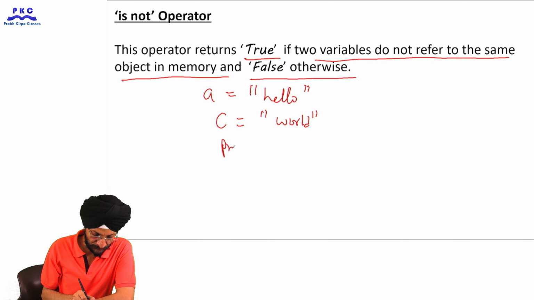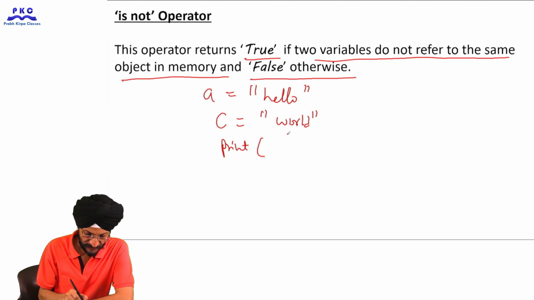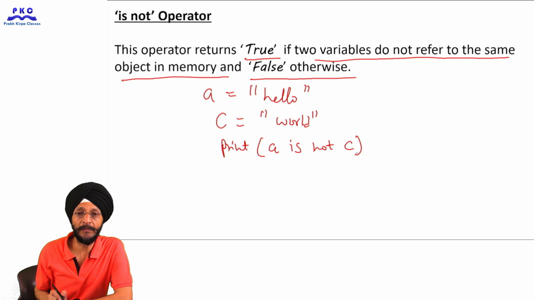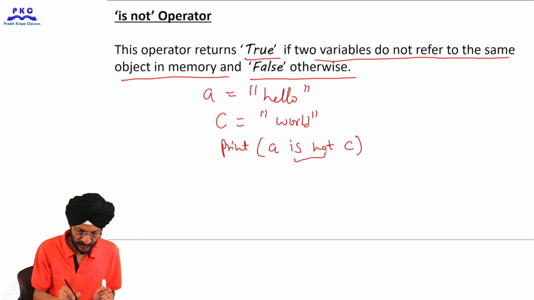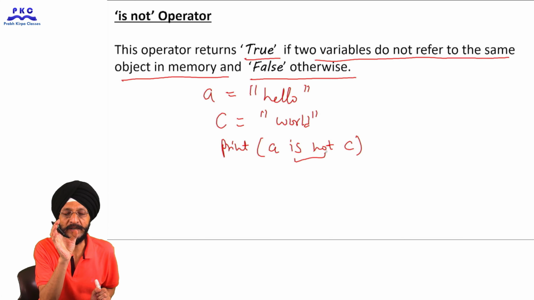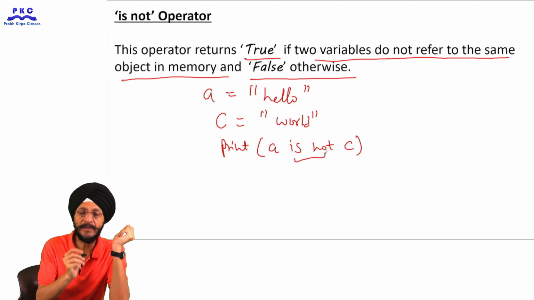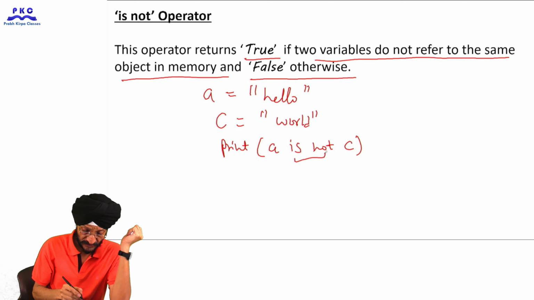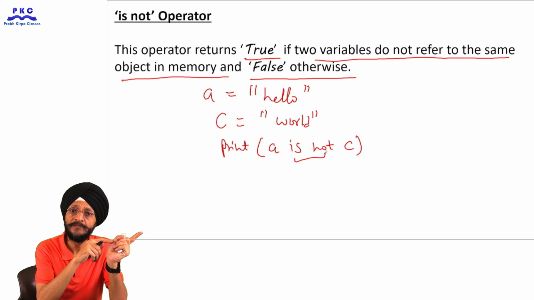So now we are using the print function and we will be using the is not operator to find whether A is not C. What will be the answer? Now here we are using is not. Is not is an operator which will compare these two variables from the point of view of memory location, whether A and C refer to the same object in memory.